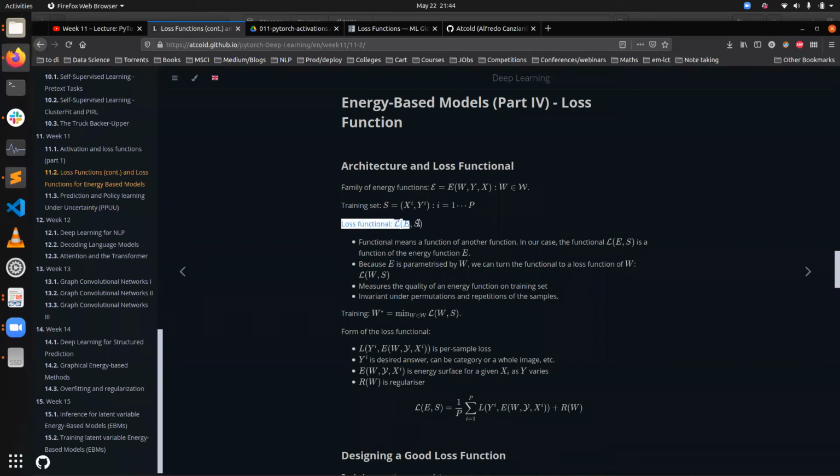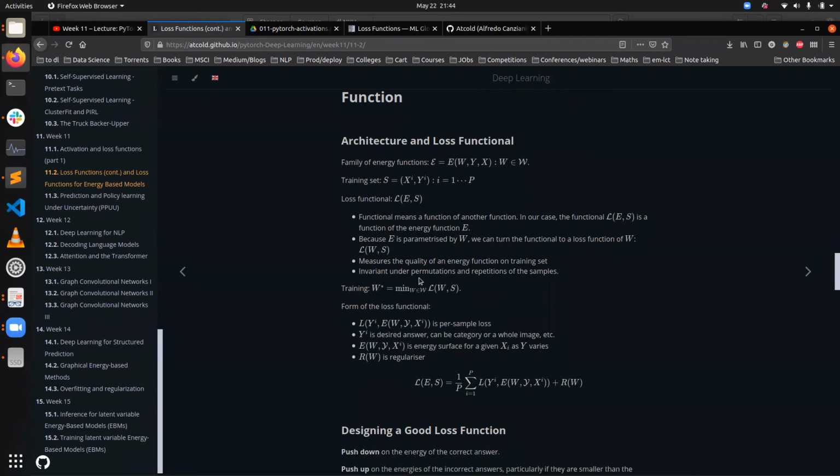So you can either use the loss functional or you can use the loss function, which is L of W, because E in itself is parameterized by W. So you can just write it as L(W). You can use either this or this. They are the same thing. I hope that made sense. So this measures the quality of an energy function on a training set. Invariant under permutations and repetitions of the sample.